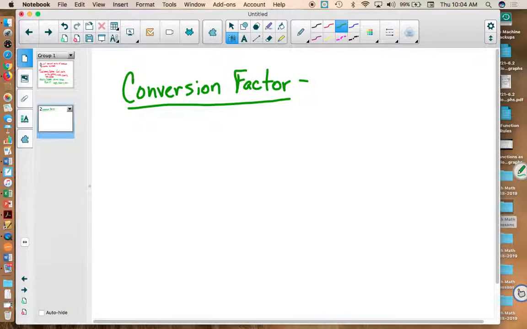Something you multiply by 1 to get to the other. Yeah, excellent. Something you multiply by 1, he said, to get to the other. The conversion factor is a rate that equals 1. Very good.